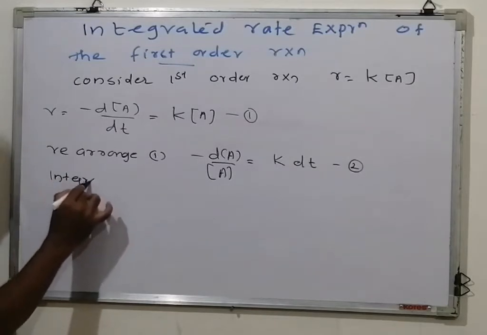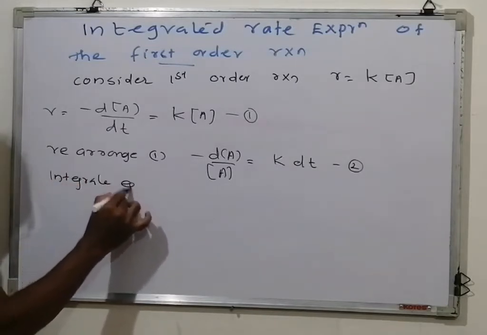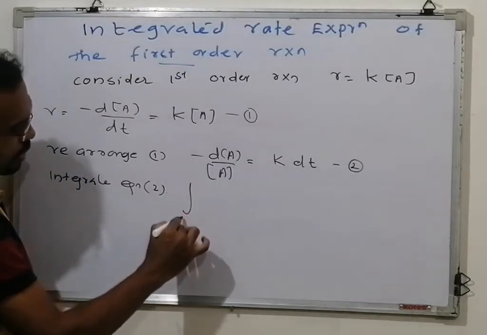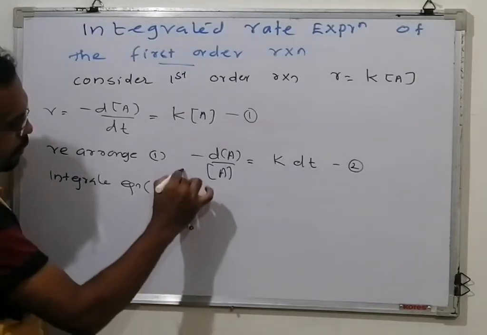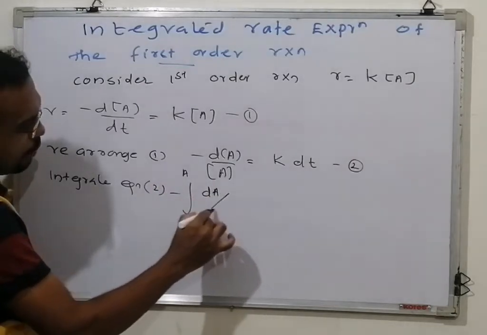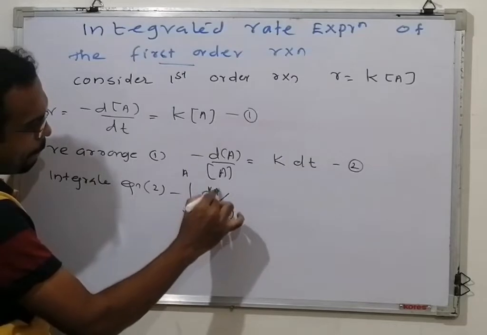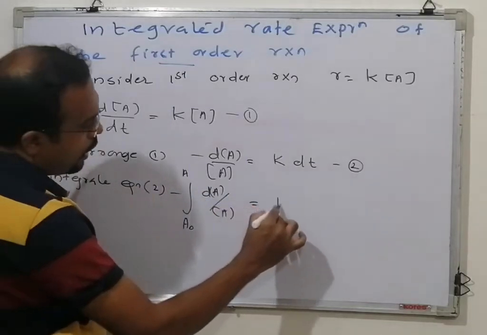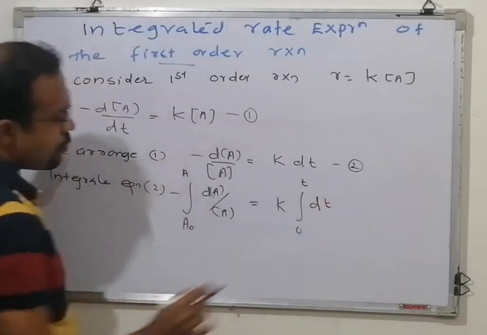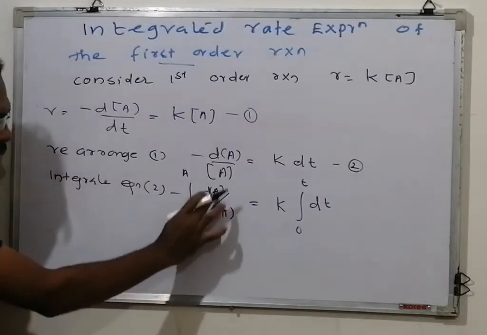Integrate equation 2 within the limits. Therefore, I put the integration from A0 to A of minus dA by A is equal to K integral from 0 to t of dt. Okay, what is the integration of this?